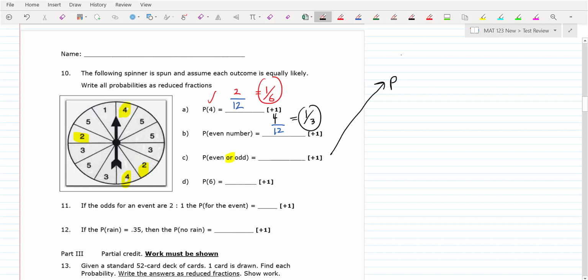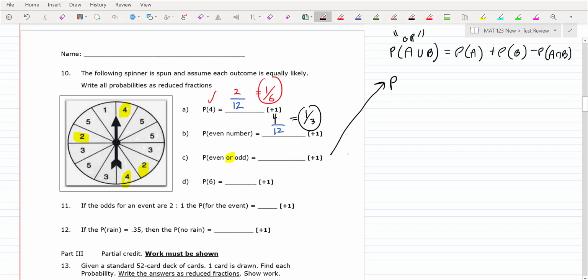Unless you've got it memorized on the note card I allowed you to bring in, you might want to write down: if the teacher asks for an OR probability, it means the probability of A union B. OR is union. So you do the probability of A plus the probability of B minus the probability of both, which is the intersection. Now you could bypass using this formula on this problem because the intersection's empty, but to be safe, that would be a good way to do this problem.